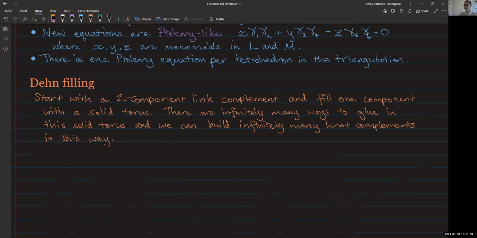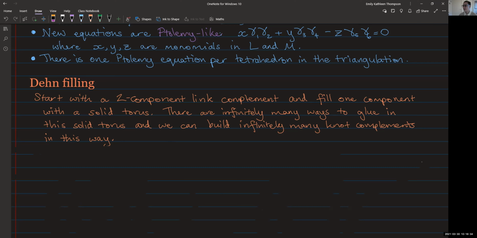So basically, in our setting, we're interested in Dehn filling a two-component link complement. So take a two-component link, find its complement, and then we're going to fill in one of those components with a solid torus. And so there are infinitely many ways for us to glue in this solid torus, and they all result in different manifolds topologically.